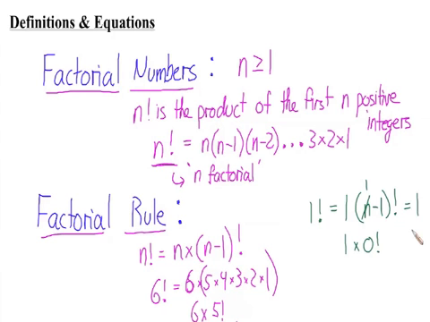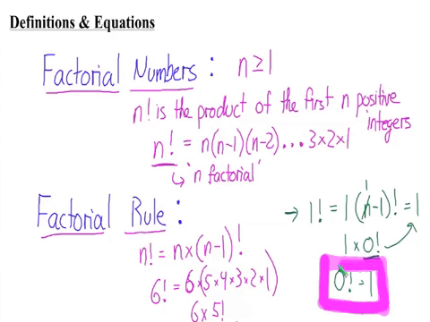So this is one of those weird mathematical contradictions. 0 factorial, therefore, must also equal 1, so that this first equation holds true. So keep that in mind as you're simplifying expressions. 0 factorial is really equal to 1.